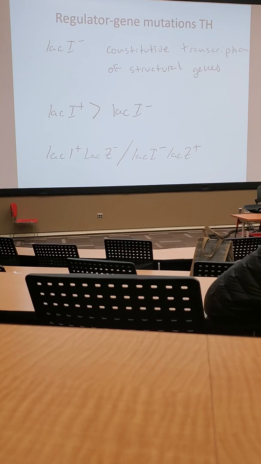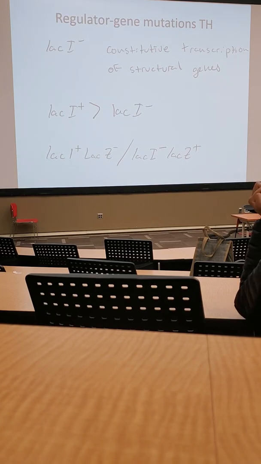It's a 2-to-1 ratio, B to A. Does anyone want to start commenting on how they thought about this problem? Okay, someone put in the chat that a single functional beta-galactosidase is sufficient.